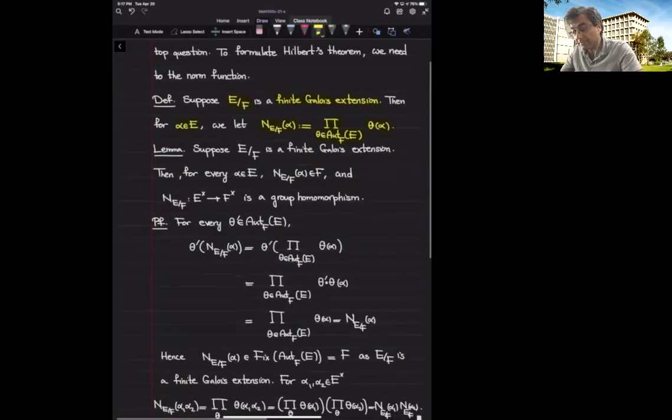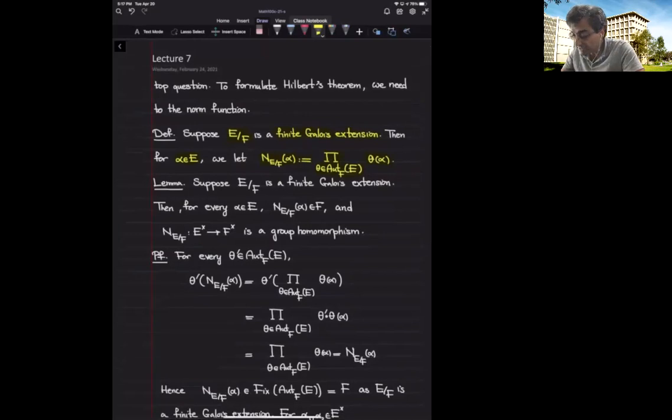For instance, if alpha is already inside the base field, then the norm of alpha with respect to this field extension is going to be what? Every single theta does not move alpha. So I get theta of alpha, which is alpha. I get alpha, alpha, alpha, alpha. And how many alphas? Precisely the number of elements inside the Galois group of this extension.